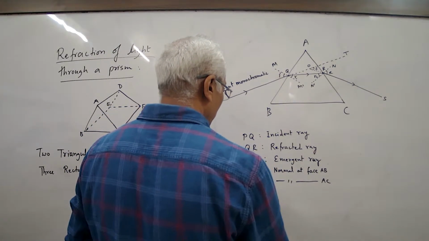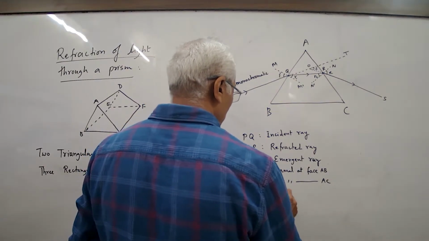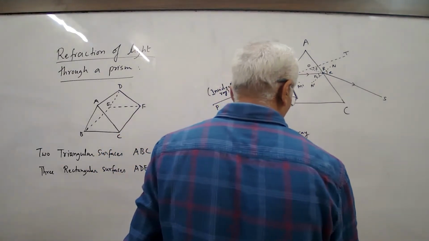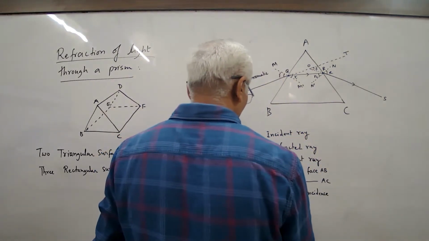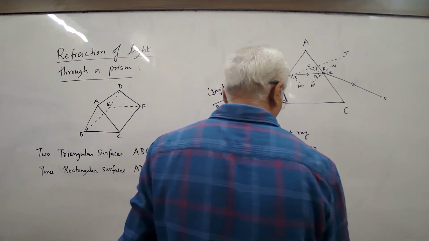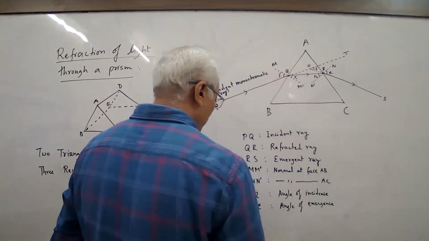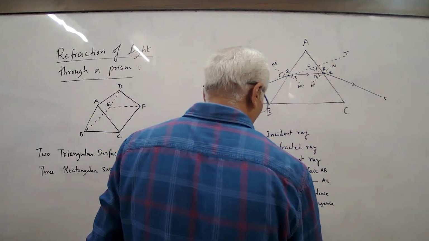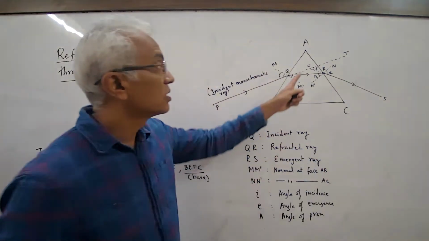The angles which are significant are: angle i, this is the angle of incidence, and e is the angle of emergence. Then you have A, the angle of prism. This is the angle of prism.